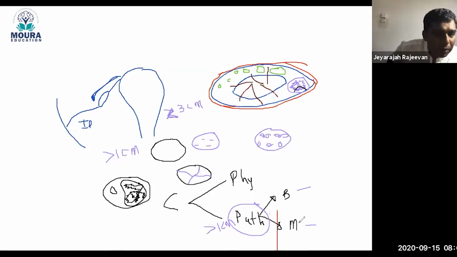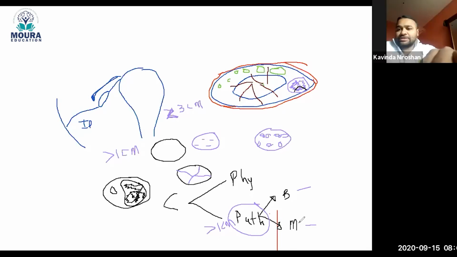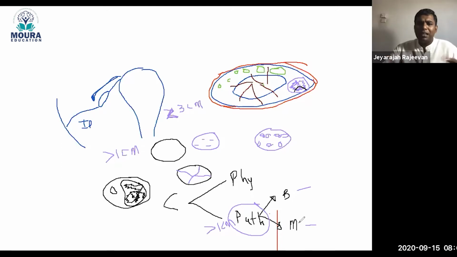In a premenopausal woman with a cyst less than 3 centimeter but with cystic and solid areas, is it physiological? Kavinder, what do you think? It can be considered for malignancy. Pathological, yes, I told you.